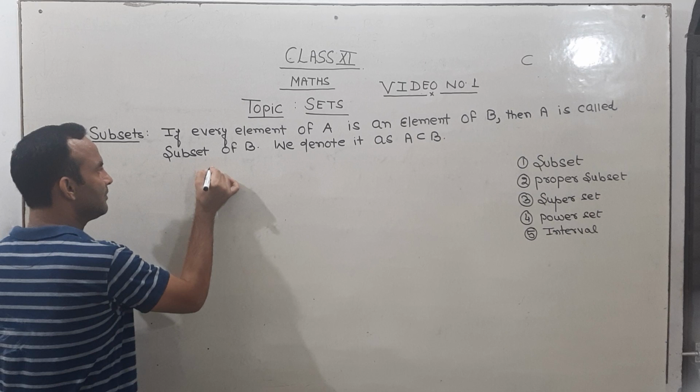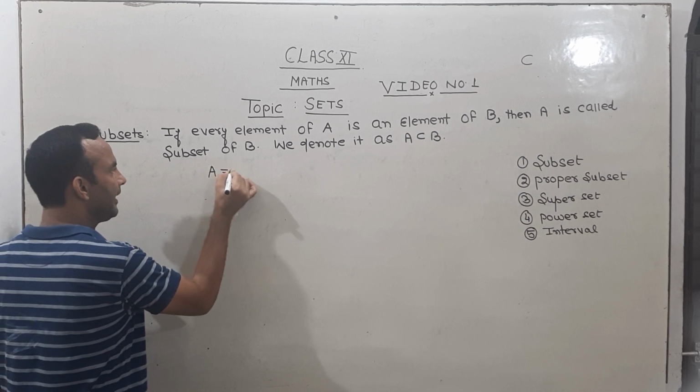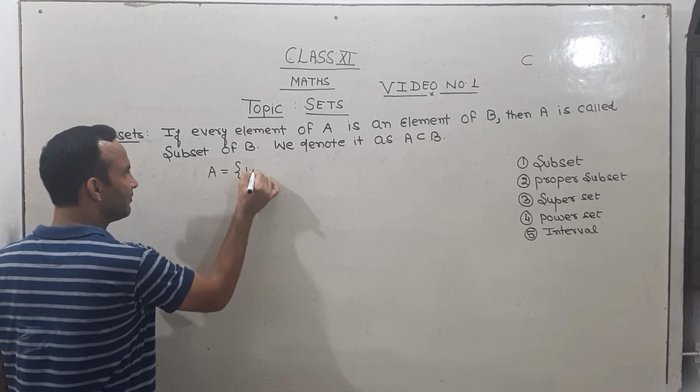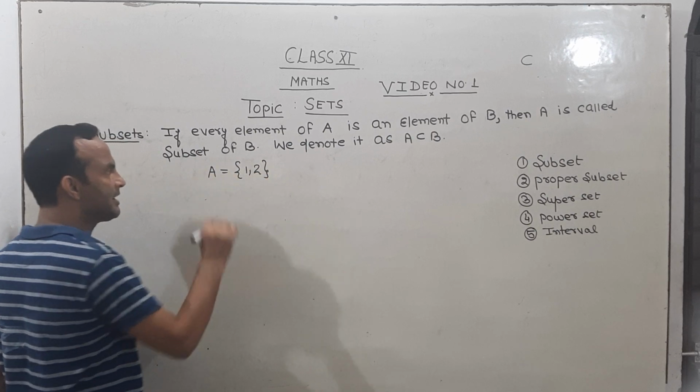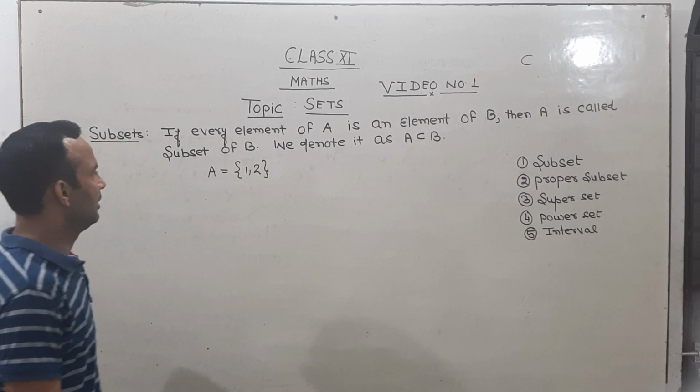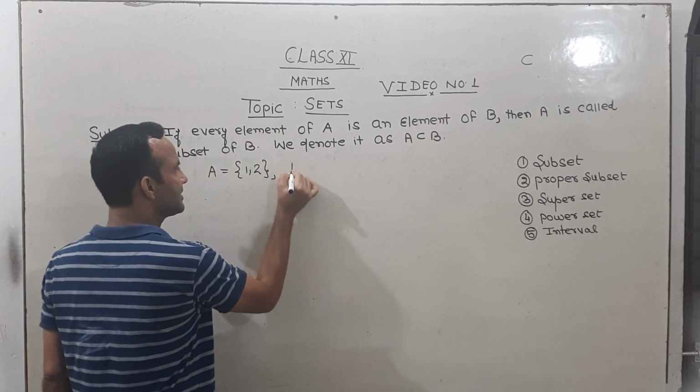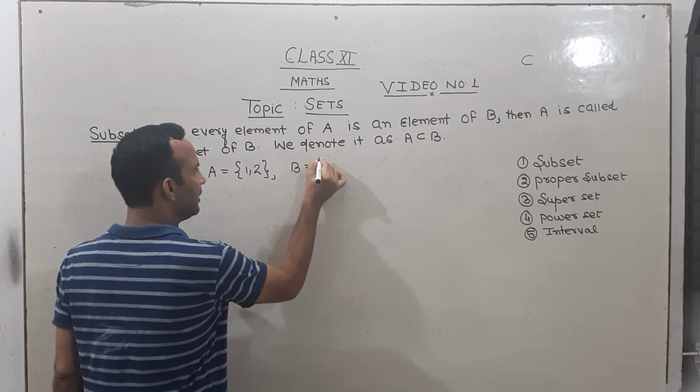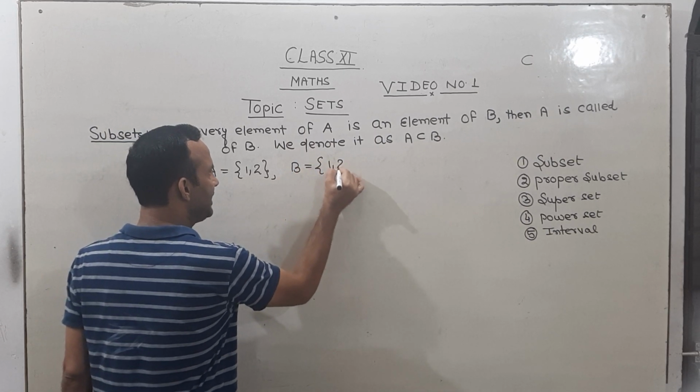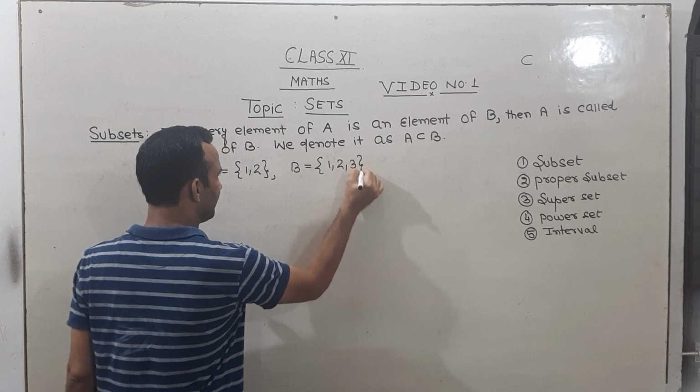Let us suppose that A is a set having elements 1 and 2. Now take another set B. B contains 1, 2, 3.